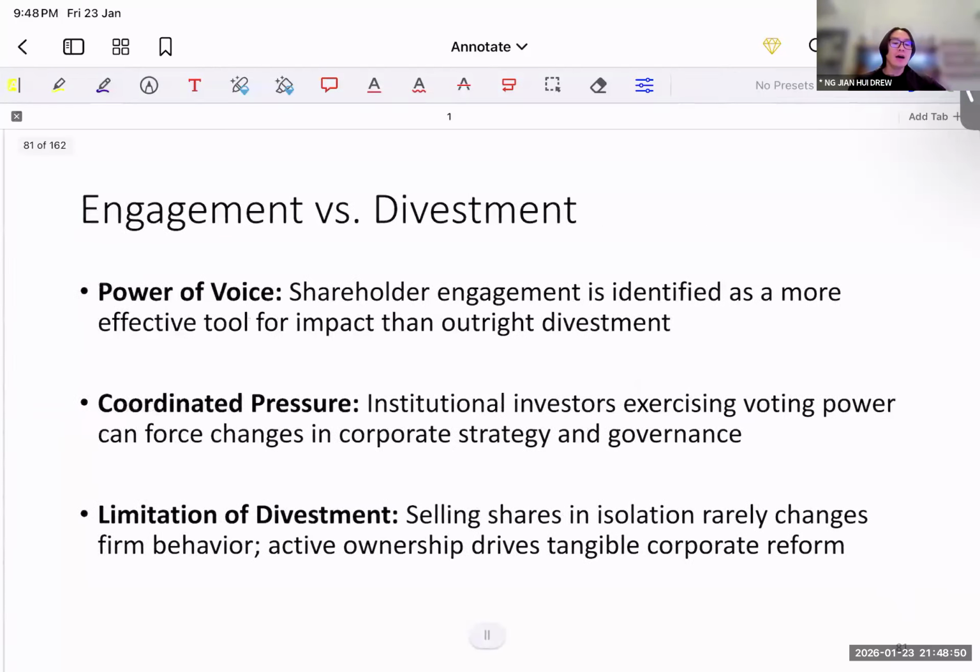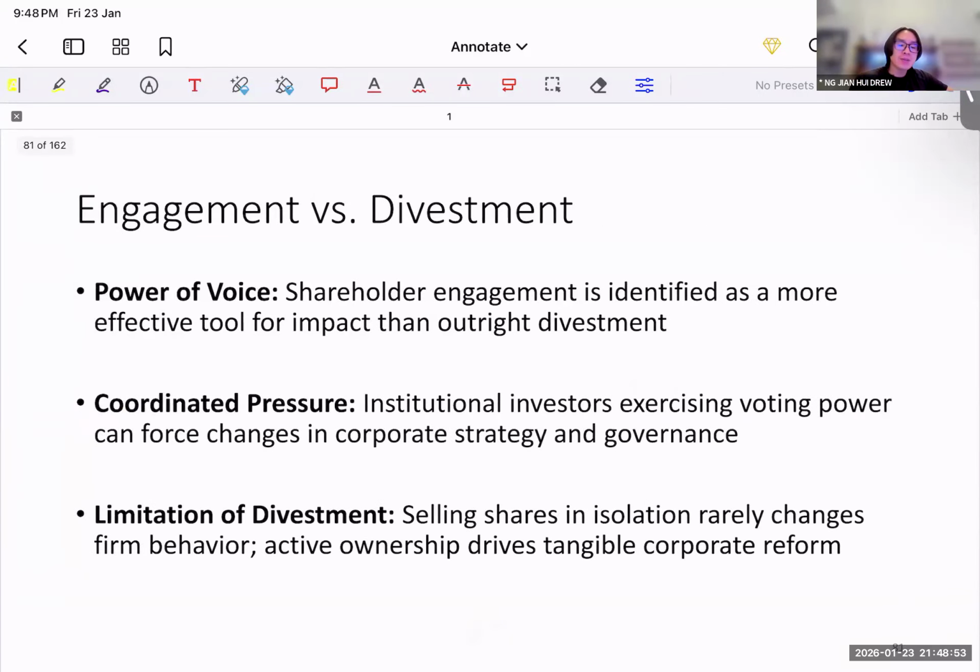Okay. Engagement and divestment: basically, it is either the carrot or the stick, right? You've probably heard of the carrot and the stick. The carrot is engagement, where you try to improve your policies and trajectory, doing more positive ESG things.